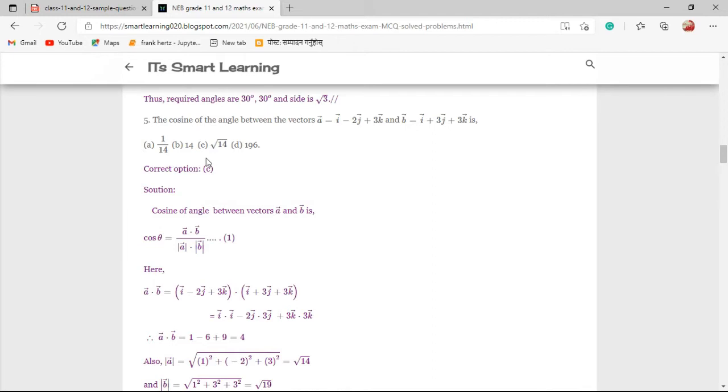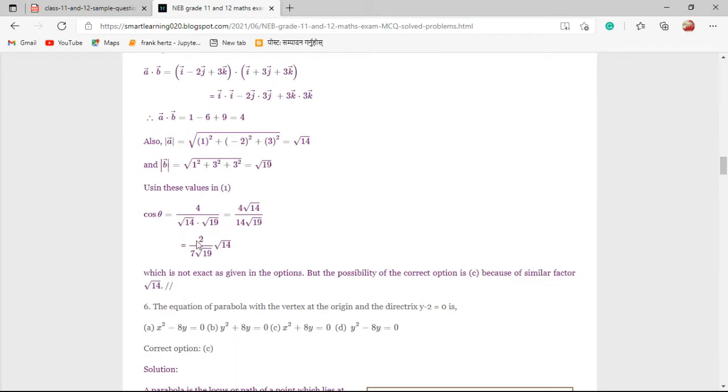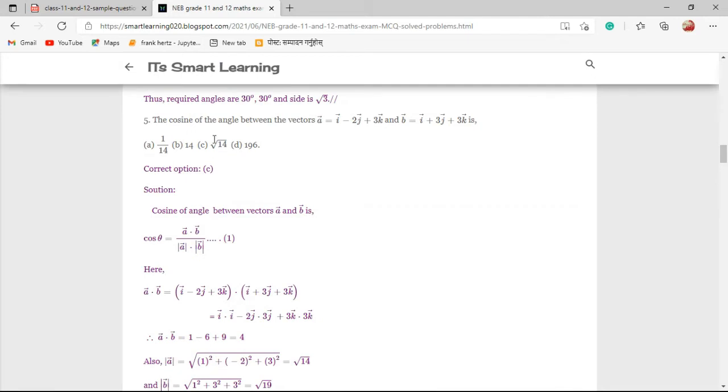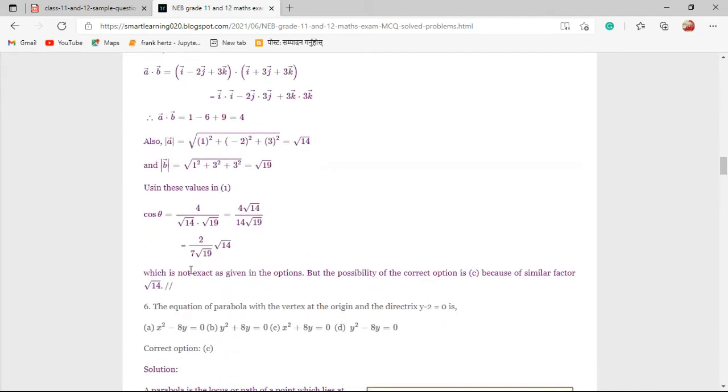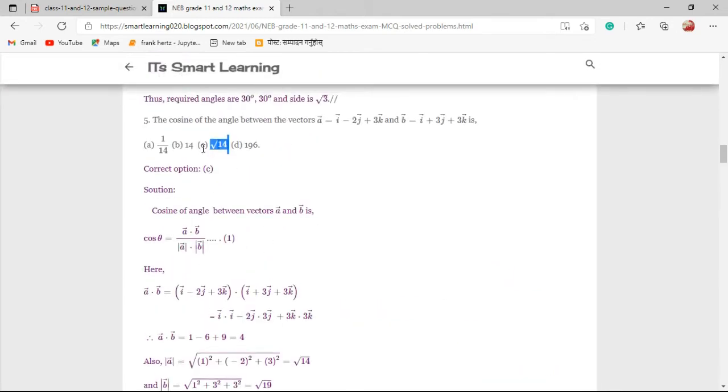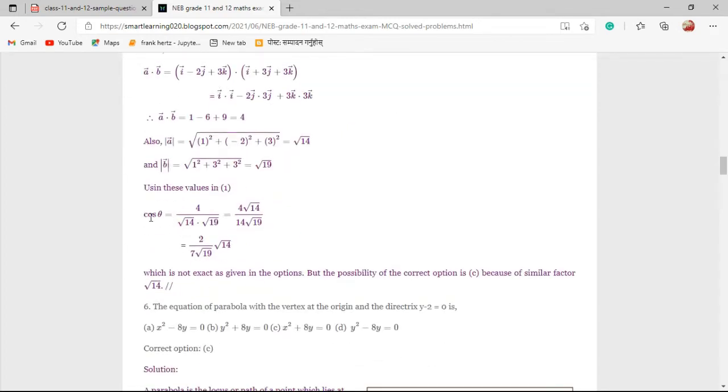So the options given are, I think, somehow a mistake, some mistake is there. As I have thought, here is root under 14 and here is also root under 14. So I guessed the correct option should be C, because we didn't obtain the correct value of cosine theta.